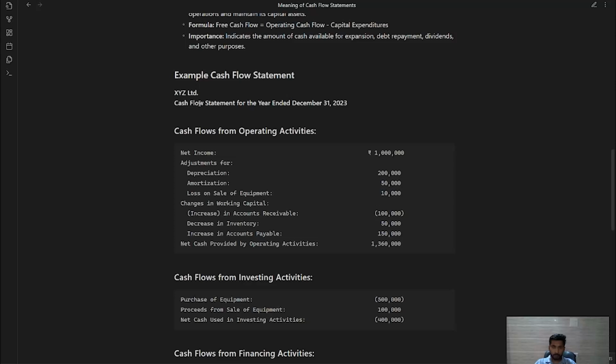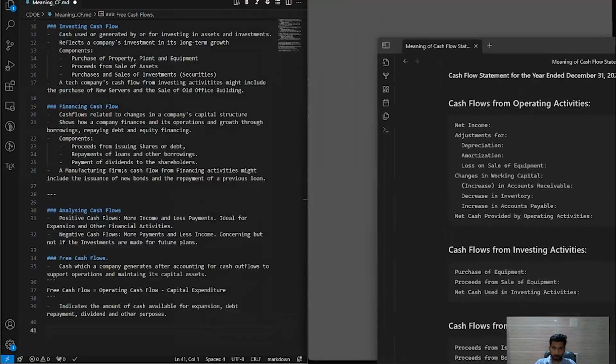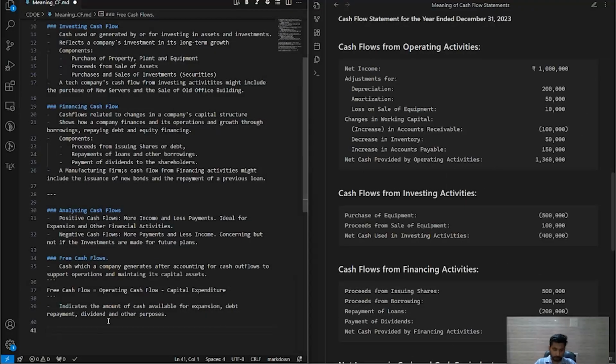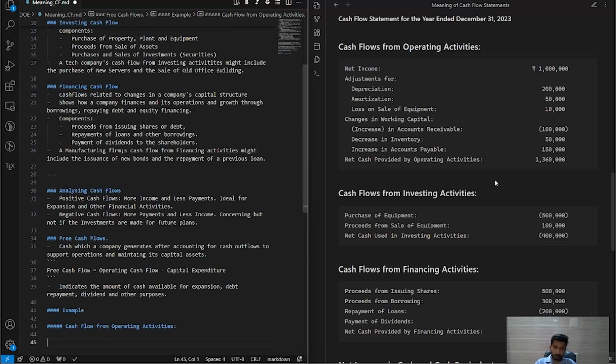This example says the cash flow for the year ended December 31, 2023. Cash flow from the operating activities is as follows.